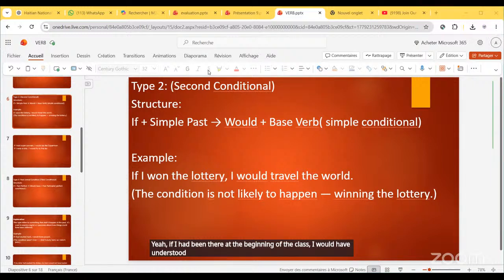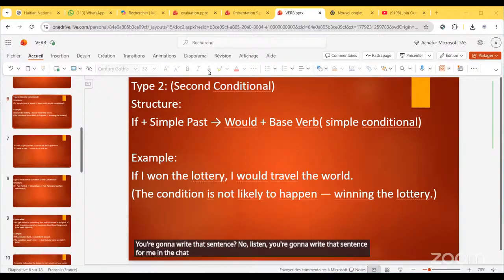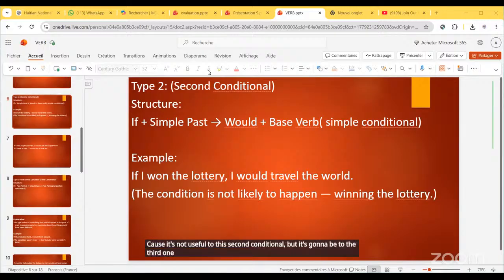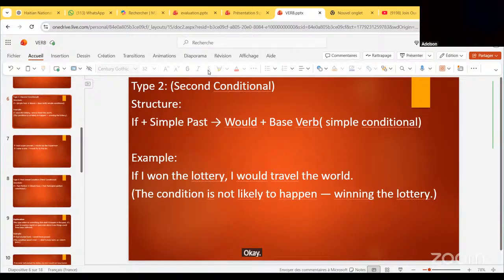You know what, Adelson, you're going to write that sentence for me in the chat, because it's not useful to this second conditional, but it's going to be useful to the third one. So write it down for me. Okay.